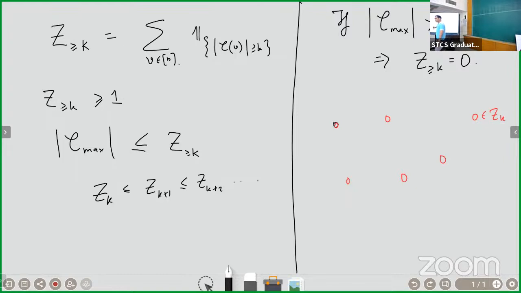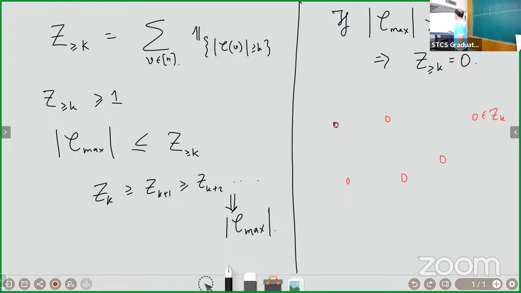Somewhere it gets equality. So somewhere down the line, this is exactly equal to c max. That proves it. As I said, just use the fact that the Z_k are decreasing. You don't have to do any cases, nothing will happen.